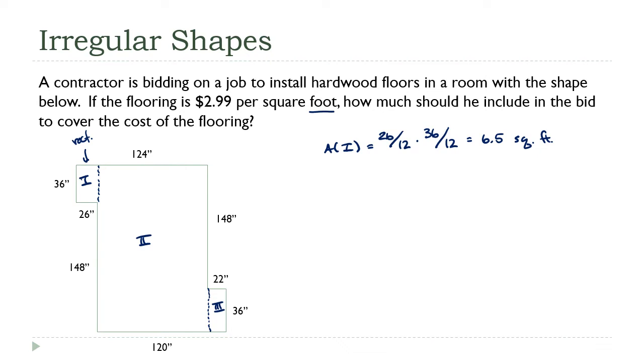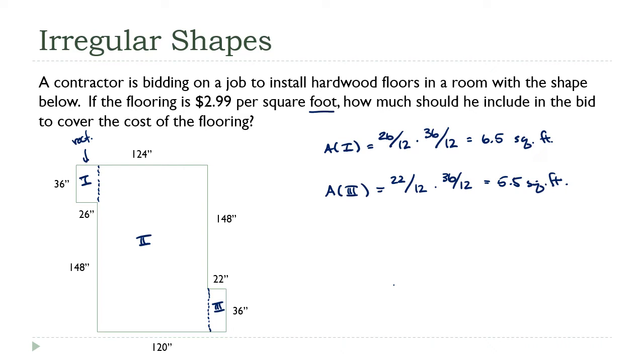Okay, now let's do it again, and I'm actually going to jump to area 3 first, because it's a rectangle where I know both of its dimensions. It's 22 inches by 36 inches, right? So that'll be 22 divided by 12 feet times 36 divided by 12 feet, and that comes out to 5.5 square feet.